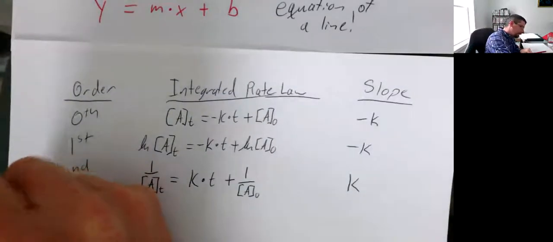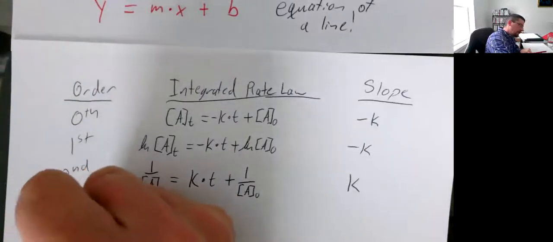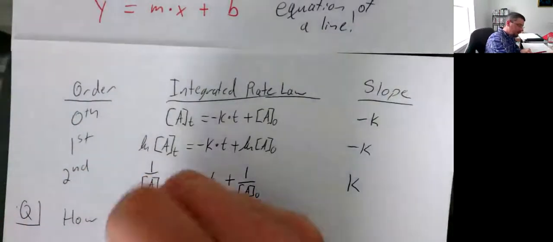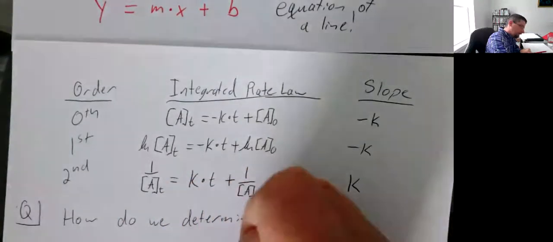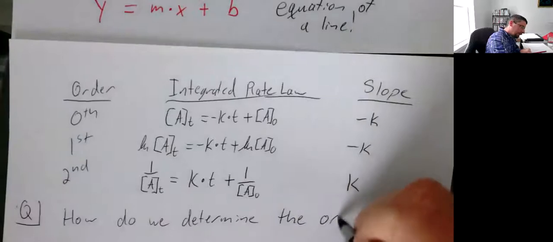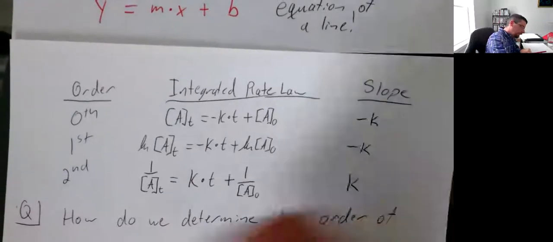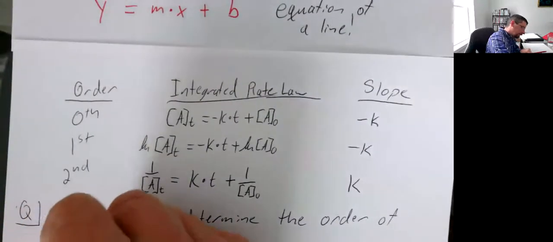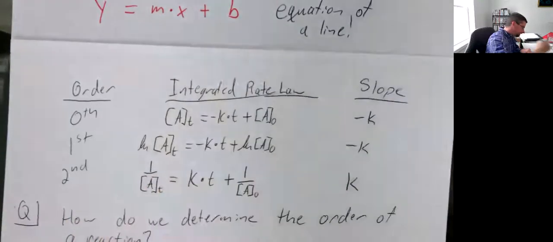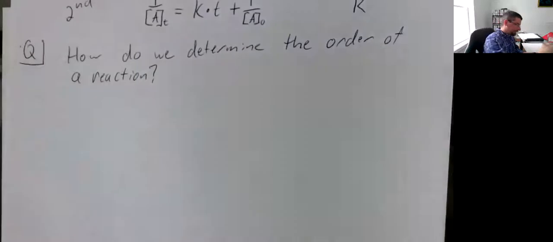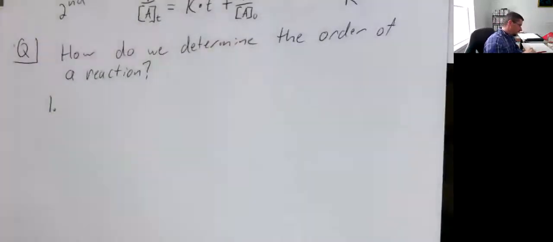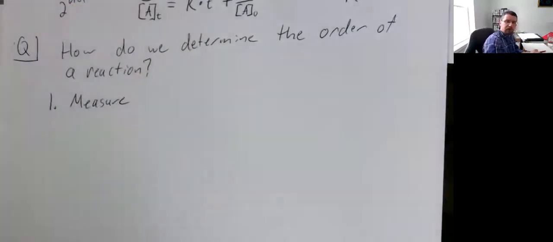So question: how do we determine the order of a reaction? How do we do this experimentally? Well, the first thing you need to do is measure the concentration of whatever you're looking at.